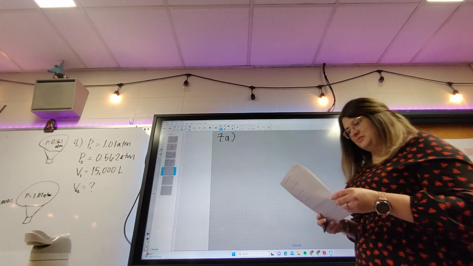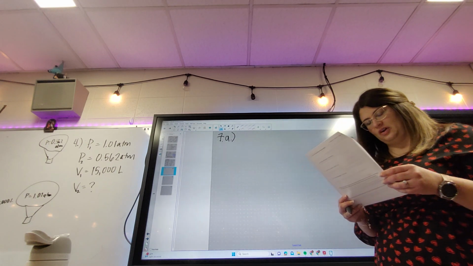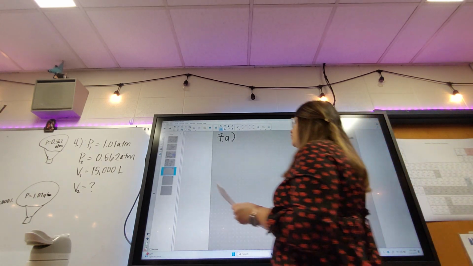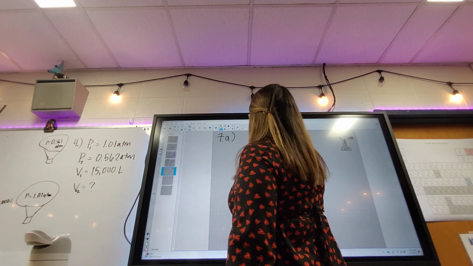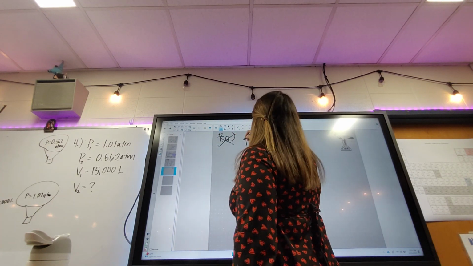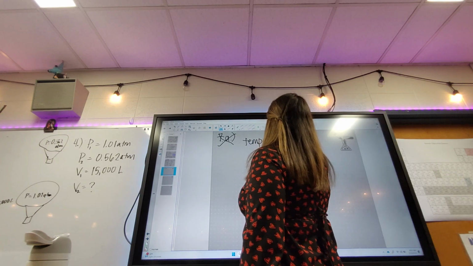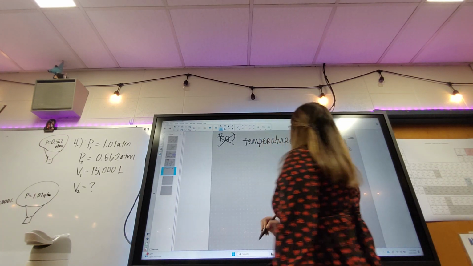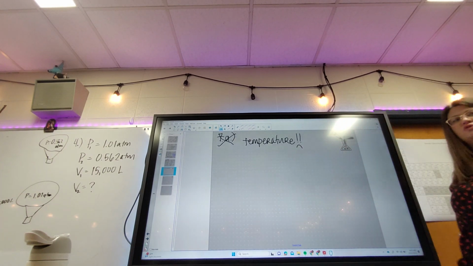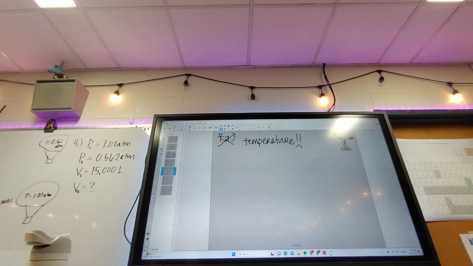All right, let's look at number 7A. Okay, so before we talk about this, we have to deal with our friend temperature. You cannot use degrees Celsius to measure temperature of gases.